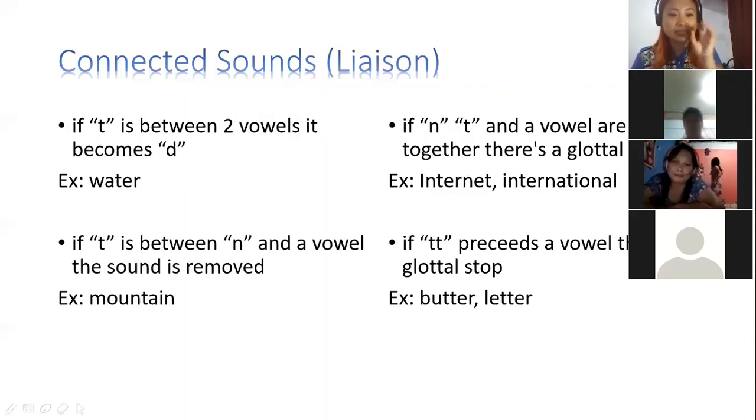Let's talk about liaison. Please read, Alejandro, this first one. Connected sound, liaison: if T is between two vowels, it becomes D. Example: water. Water.